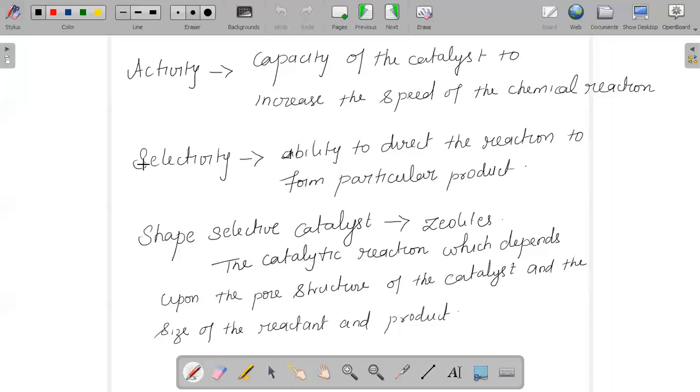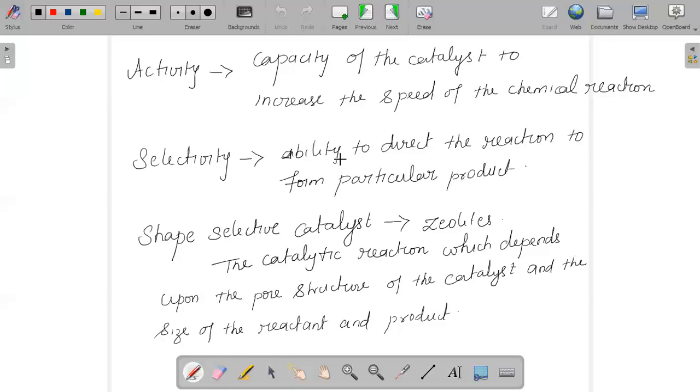And the second concept is selectivity. We should always remember that for any reaction to take place, we cannot use any random catalyst. For a particular reaction, a specific catalyst suits that reaction and it should be used. Hence, we could say that selectivity is a concept of a catalyst.